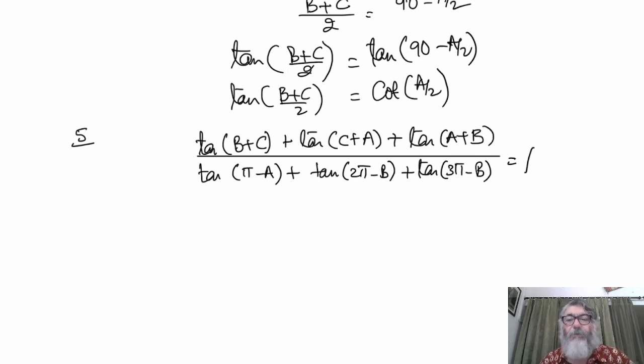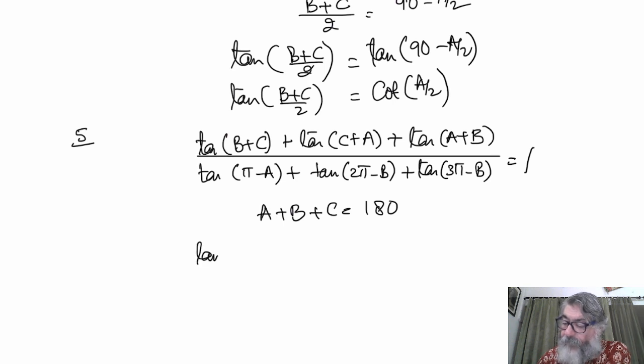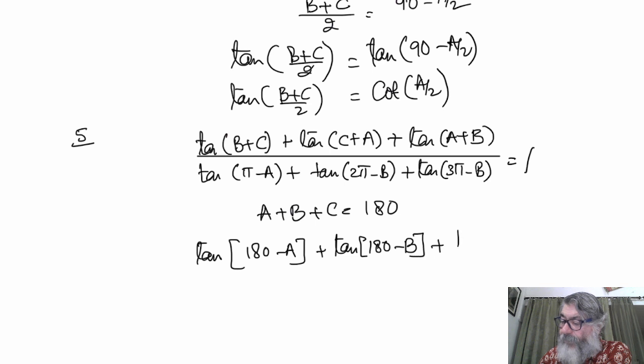Now again we know that the property is A plus B plus C is 180 degrees. So when I write B plus C, it will become tan(180 minus A) plus tan(180 minus B) plus tan(180 minus C).